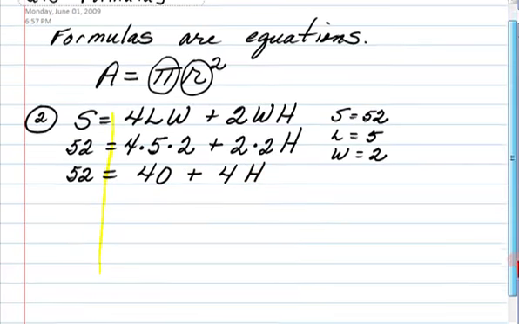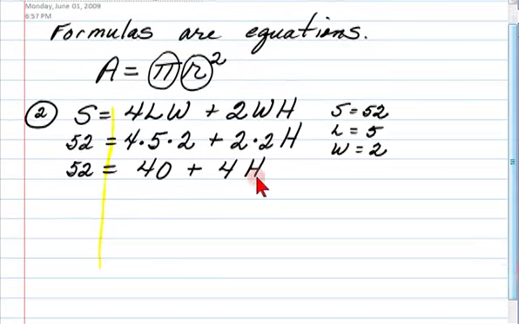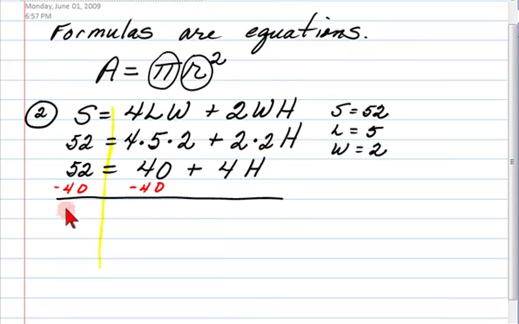Now, I don't have any fractions. I do not have letter H on both sides, so I'm checking on the right-hand side. What do I need to get rid of? The 40. So I will subtract 40 from both sides. That gives me 12 is equal to 4H. And what's my last step?